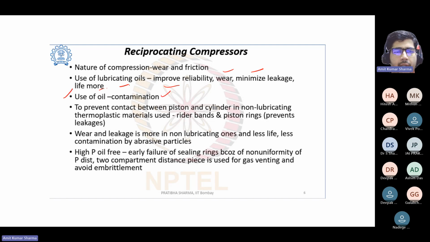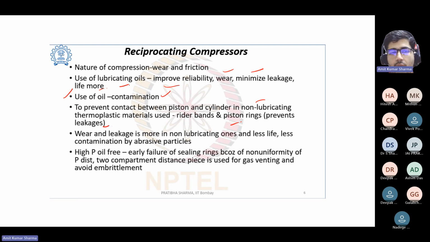So to prevent contact between the piston and cylinder, non-lubricating thermoplastic material is used. Rider bands and piston rings prevent leakages. So to prevent the leakages, we can use the piston rings, and to prevent the contact between piston and cylinder, non-lubricating thermoplastic materials can be used.